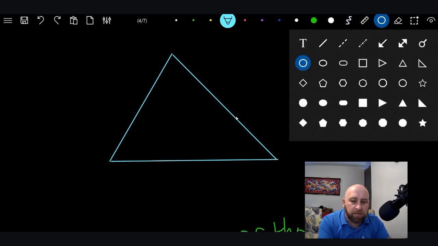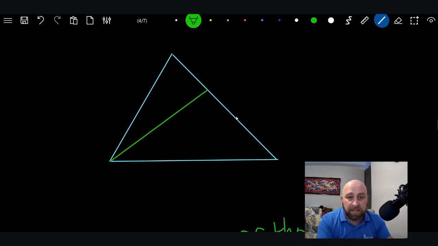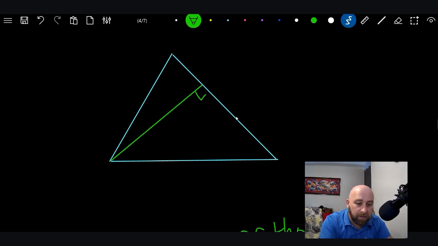Well, an altitude is the distance from the peak of the triangle to the base of the triangle, and it's a perpendicular line. Now, notice that that is not in the center. I didn't bisect the side. I just drew it from the peak to the side, and I made it into a right angle. That's a right angle right there.